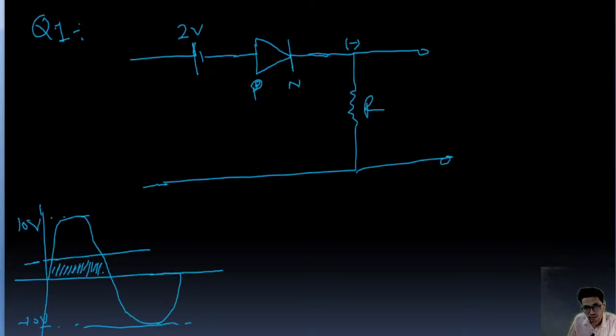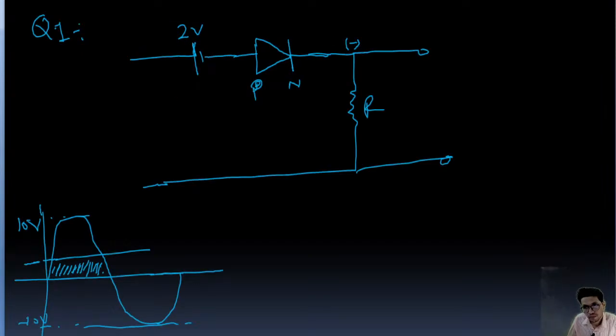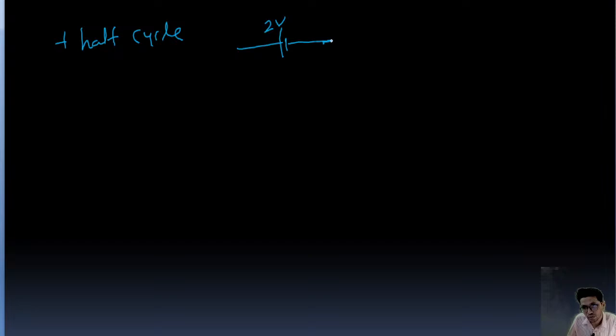So for the positive half cycle, the figure is going to be this one. This will be short circuited, right? 2 volt. This is going to be short circuited.